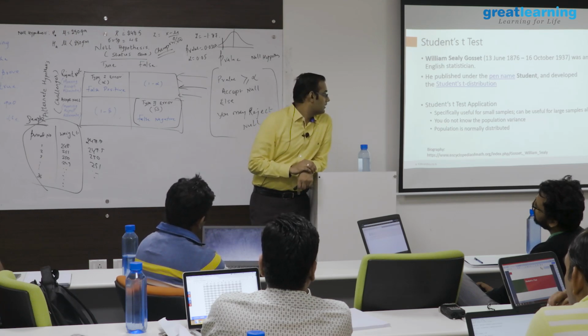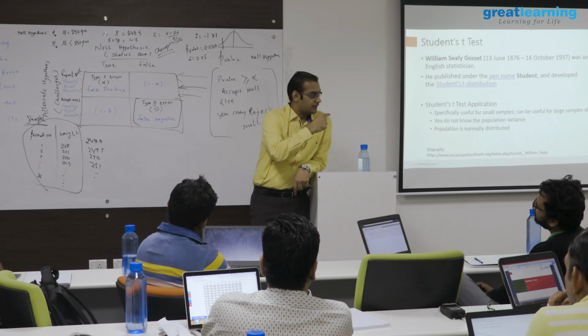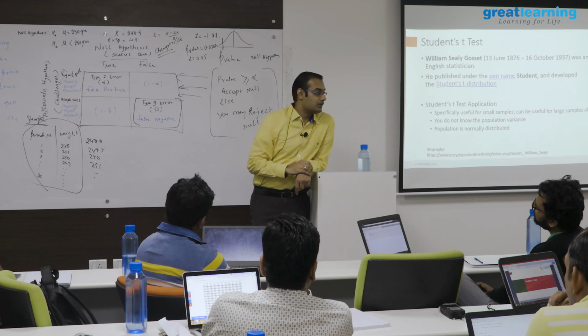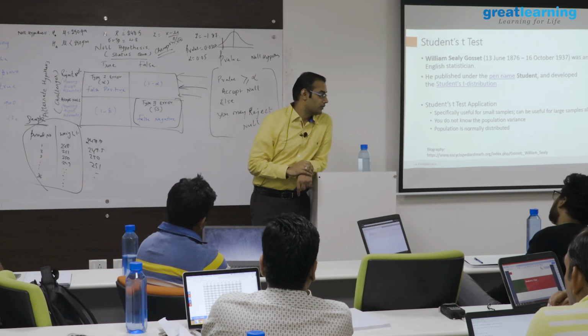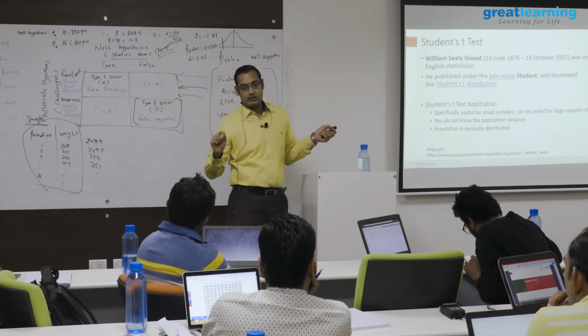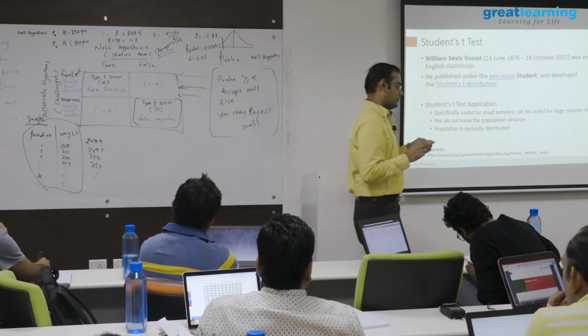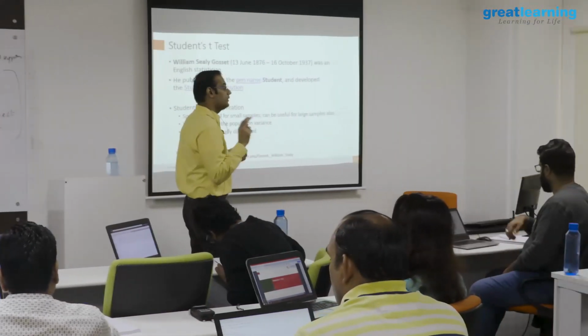And then I think Fisher, in recognition of Gossett's t, made it the student t-test with some refinements. So this is the student t-test. Application is small samples where you do not have the population standard deviation, where you have only the sample standard deviation.